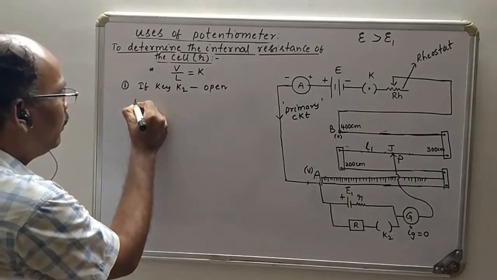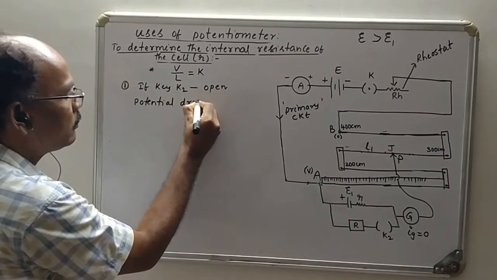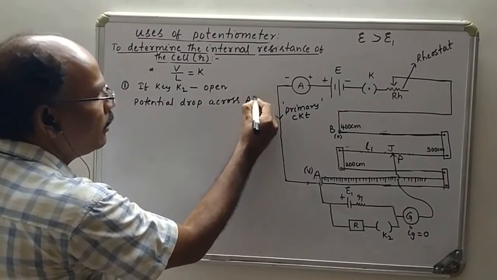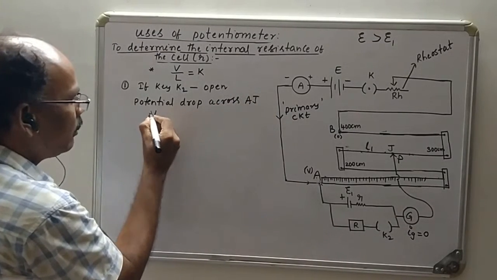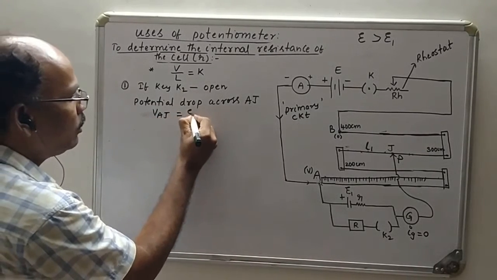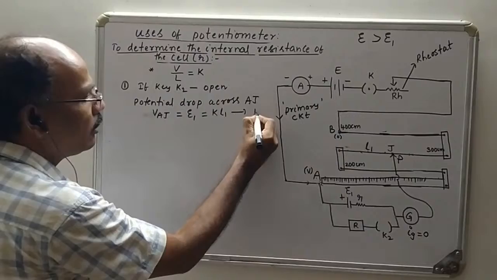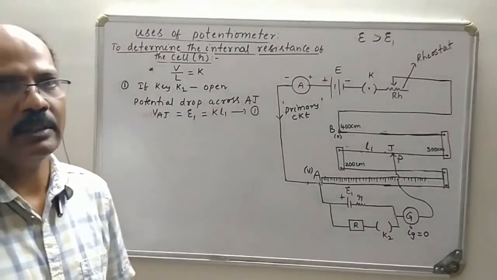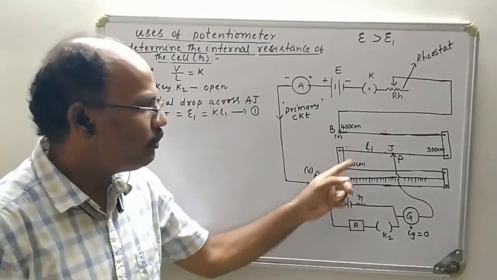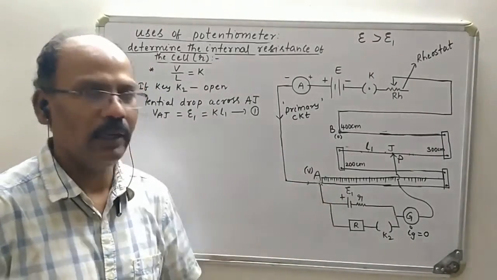Then we can write the potential drop across AJ: VAJ is equal to nothing but E1, that is equal to KL1. Similar to the first case, the potential drop between the two points A and J, that is the balancing length L1, is equal to the EMF of the given cell E1.